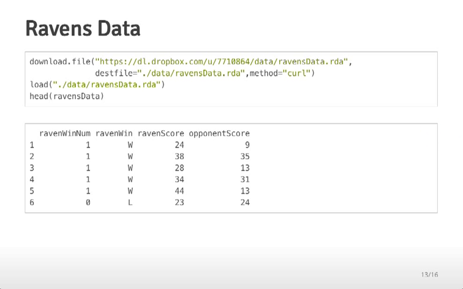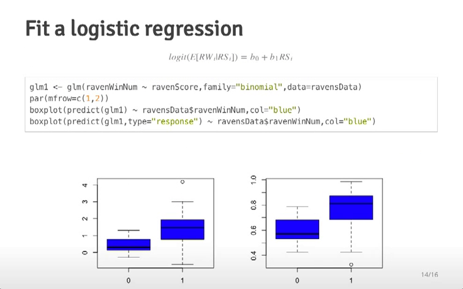One thing that we could do, just like I explained for inference, is treat the Ravens win variable as a quantitative variable and fit a linear regression model and try to predict it based on, say, the Ravens score. But a better choice would be to use a logistic regression model, where we model the logit of the expected value of the Ravens win variable given the Ravens score variable.